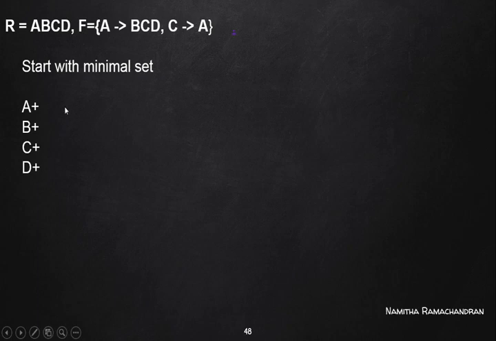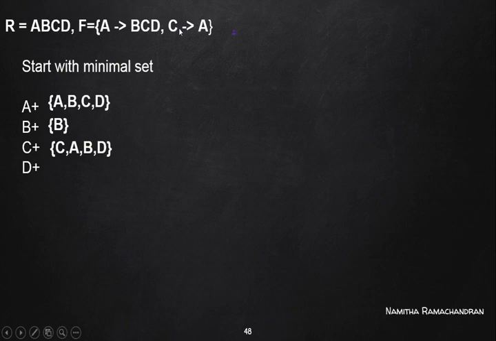So A closure contains A, B, C, D. B closure contains B alone, meaning even if we know the value of B, we can't derive anything else. C can derive C and A. If we know A, we can derive B and D also. And with D, we can derive D alone.